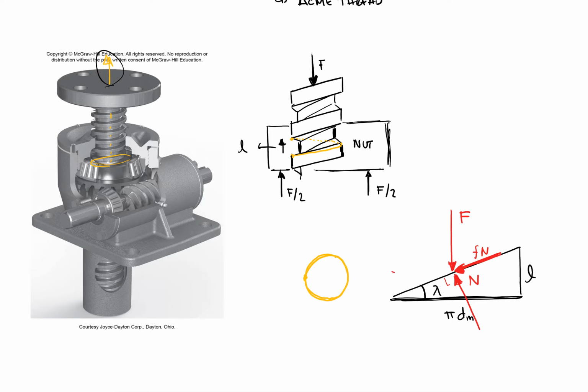And basically I would have to apply a force in the right direction, so we're going to name that P sub R, if I want this screw to go up.